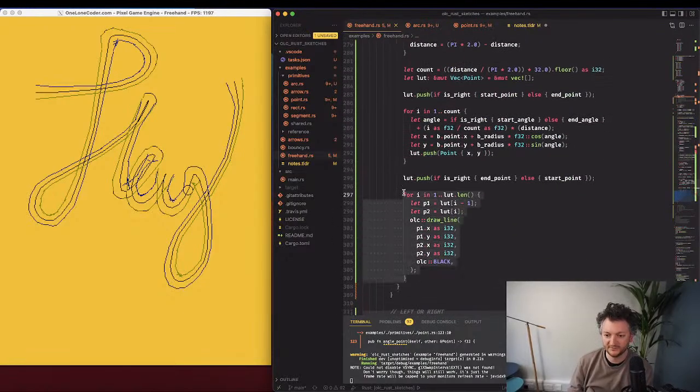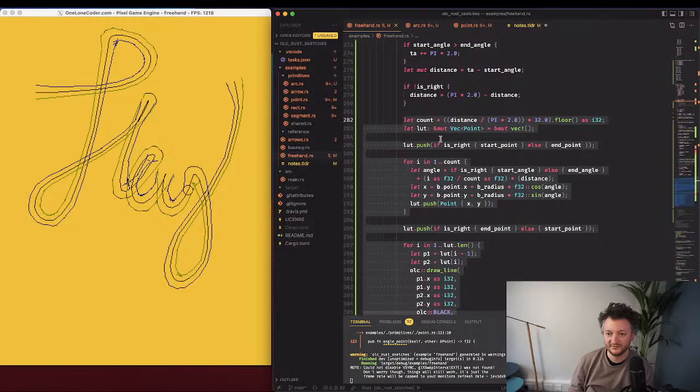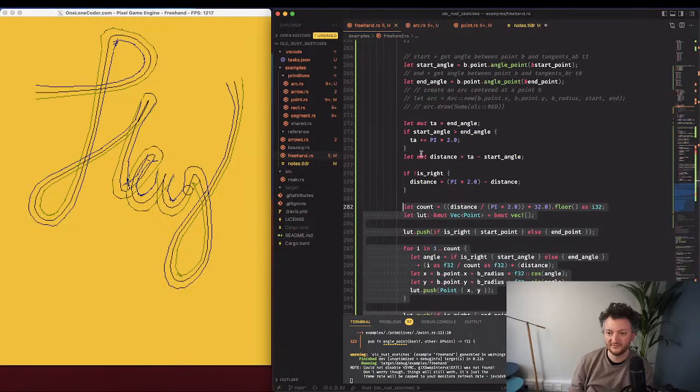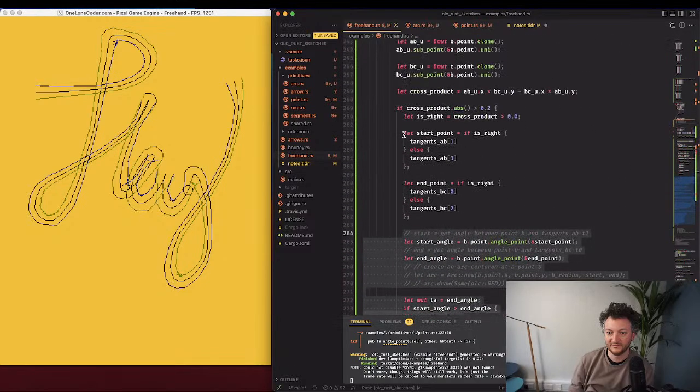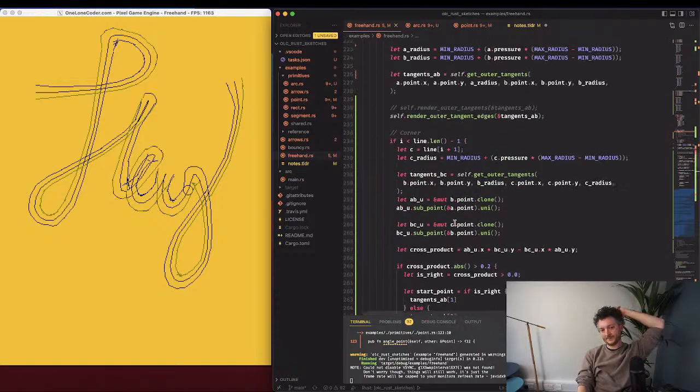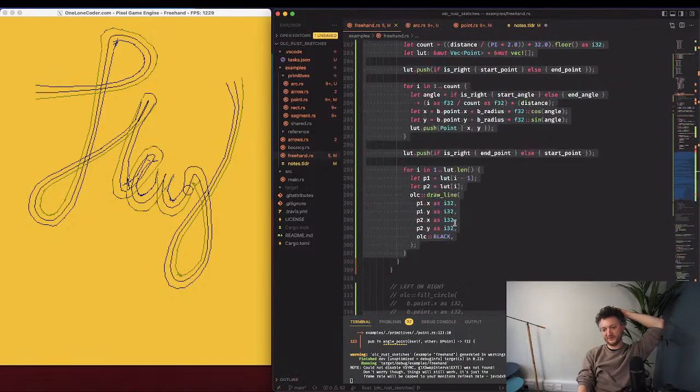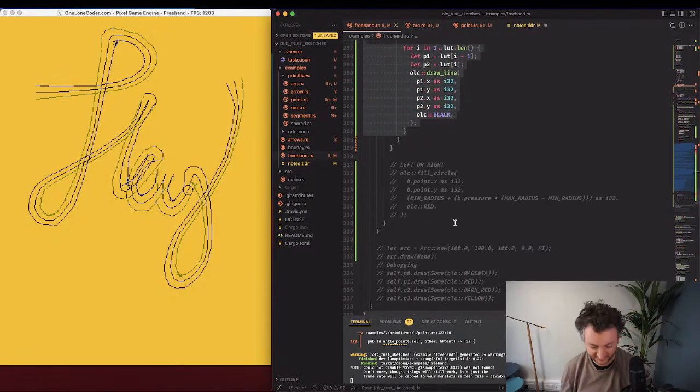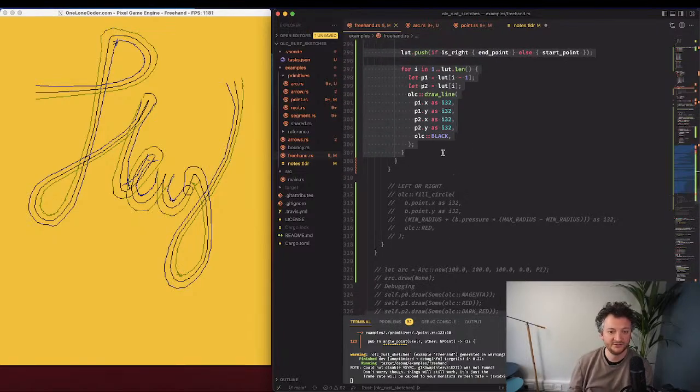We can just do the distance. This is too much code to repeat. But that's essentially the idea, is that we want to draw an arc at the start and an arc at the end.